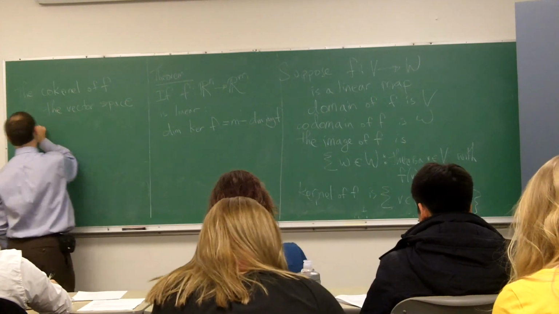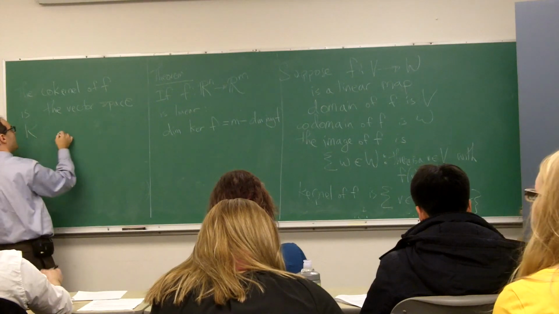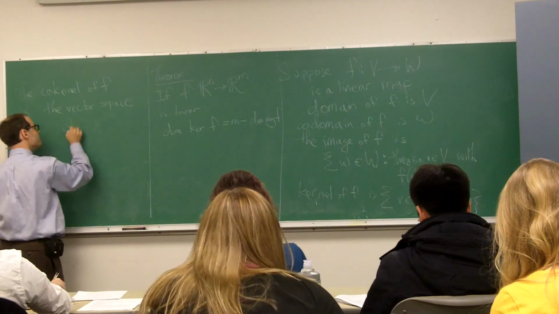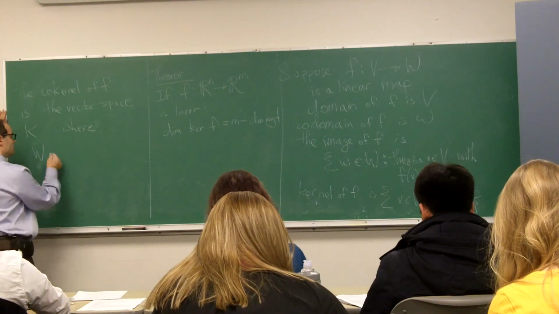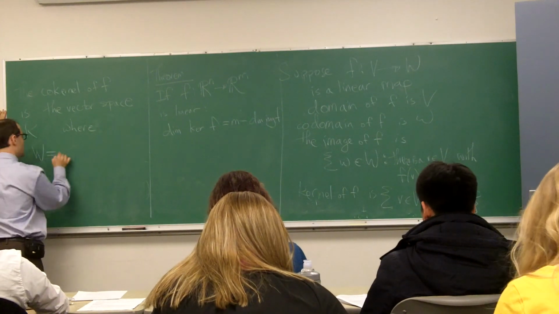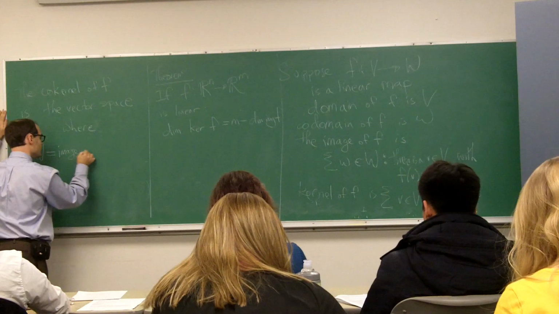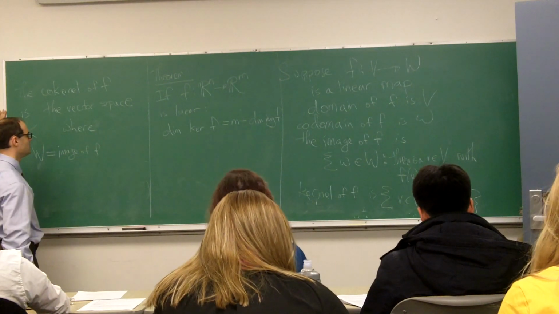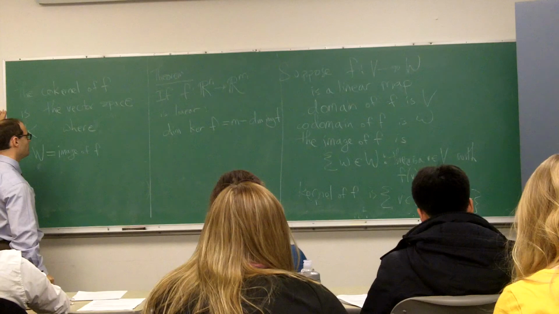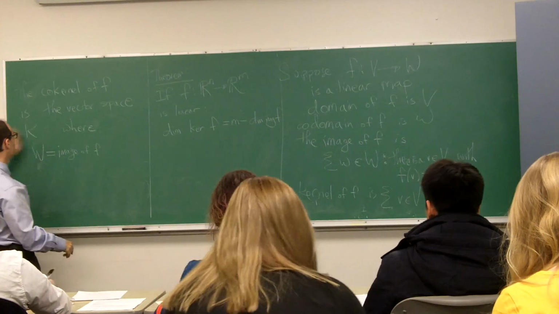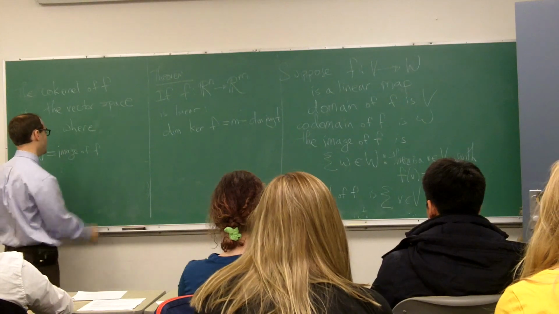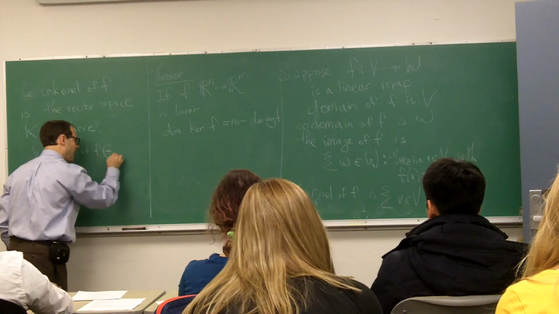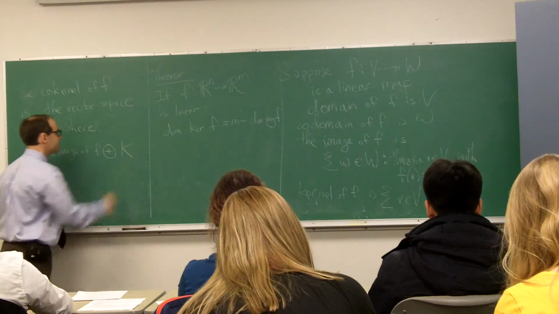Call it vector space K, where W is the image of f, in some sense, plus K. Basically, I'm adding on the vectors of K. So the way we write that is like this.